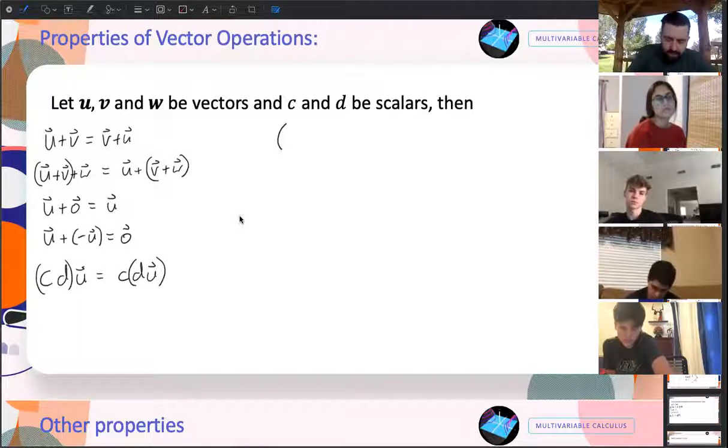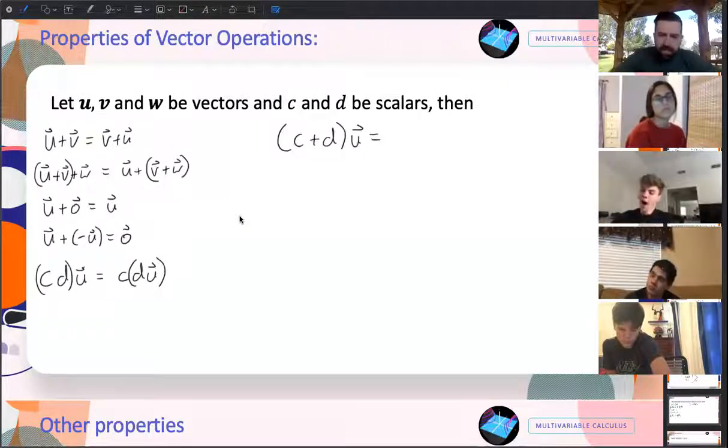There are several distributive properties. If I take c plus d and then multiply by u, it's the same as taking c times u plus d times u.